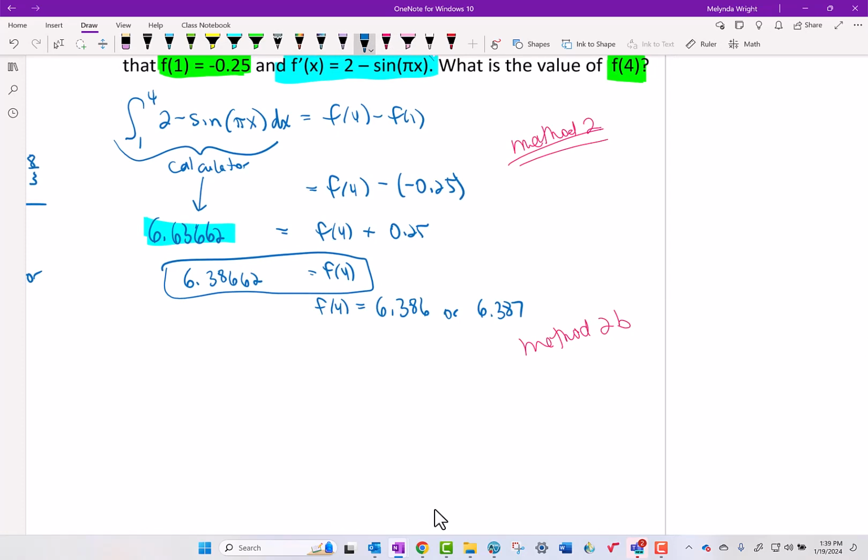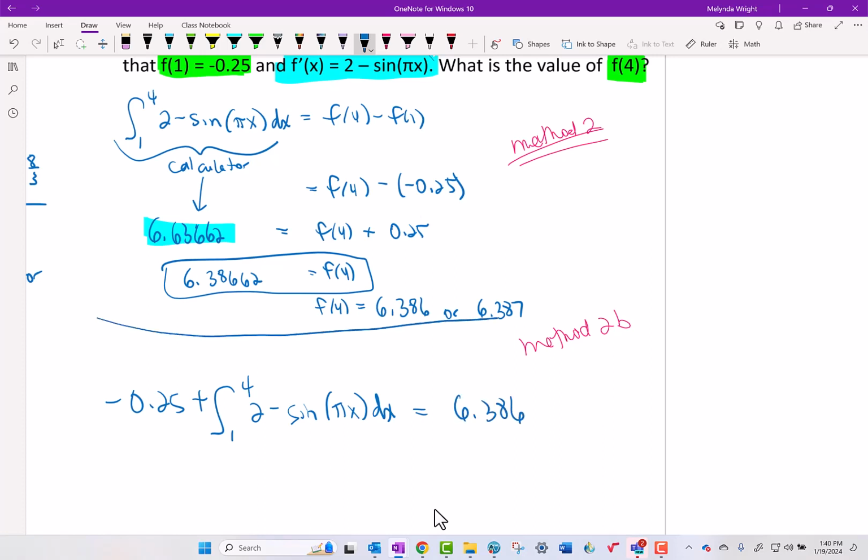They would take the number they were given, the negative 0.25, and they would say negative 0.25 plus the integral from 1 to 4 of 2 minus sine pi x dx. And they would stick that whole thing in their calculator, just like that, and get the answer of 6.386. So that's method 2B. They give you the same thing.